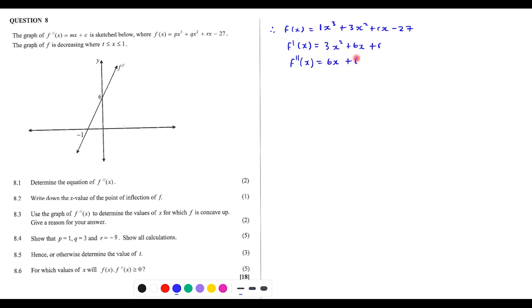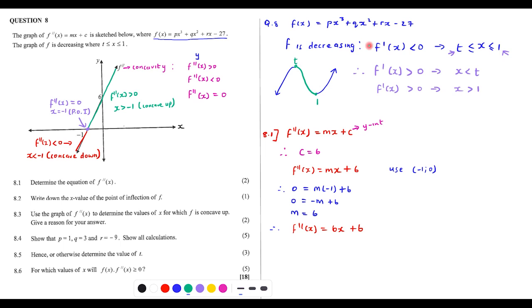All right, now we need to find the value for r. To find the value for r, we're going to focus mainly on the derivative. If you remember, we were told earlier that f is decreasing, and we explained that if it is decreasing, then its derivative is going to be less than 0, right?